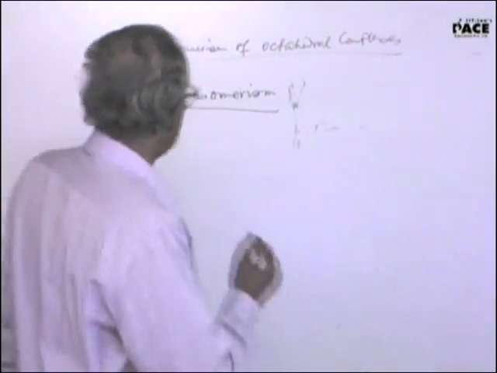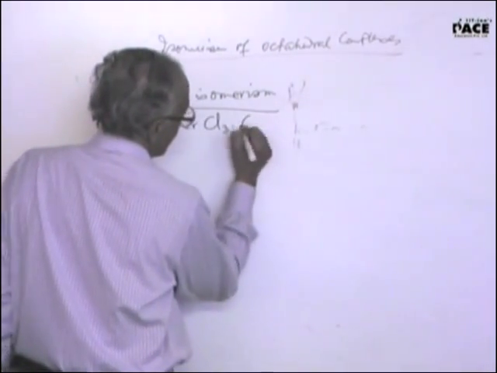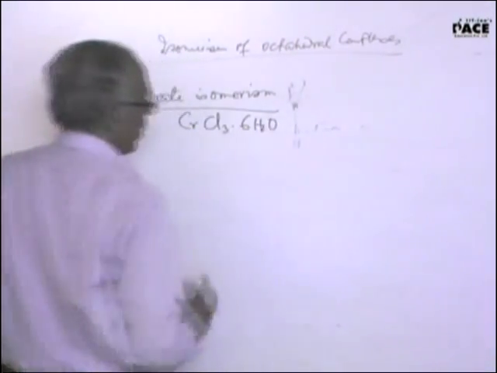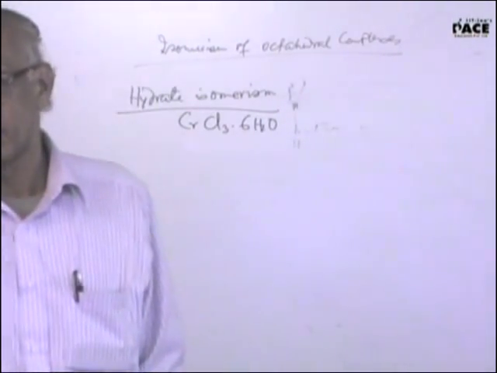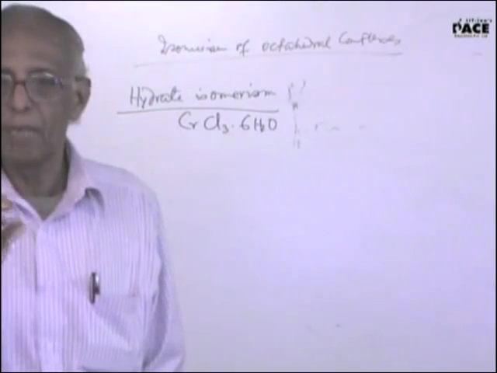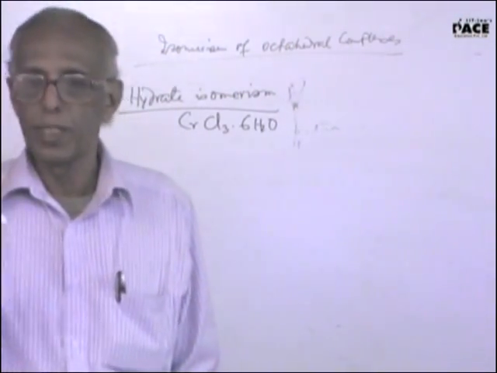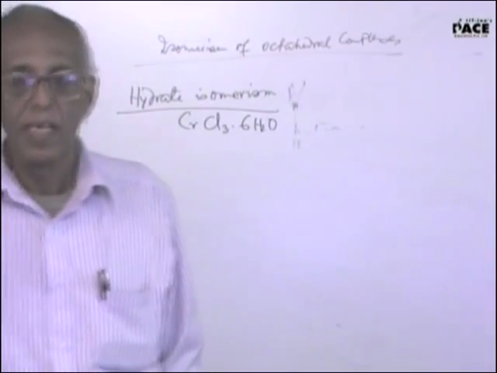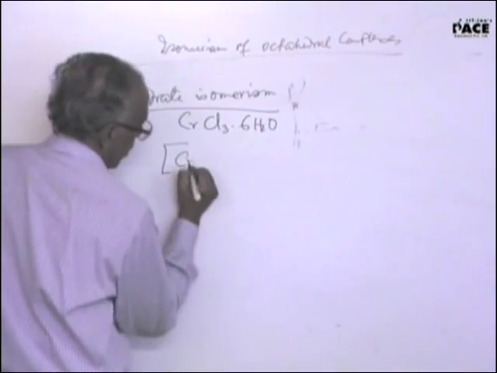For example, if I have a complex with molecular formula CrCl3·6H2O, that means chromium to chloride to water is 1:3:6. What are the possible hydrate isomers?